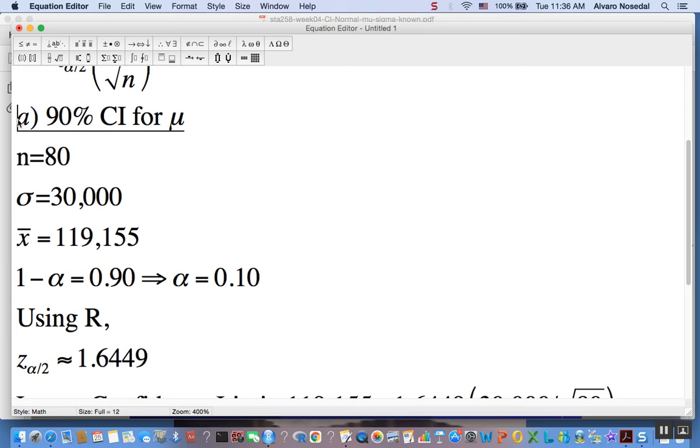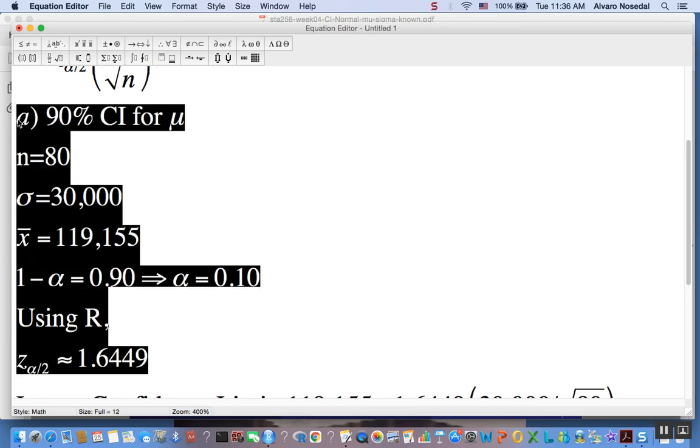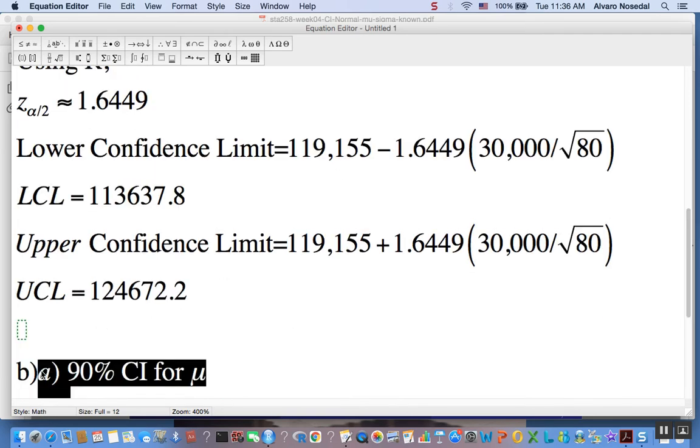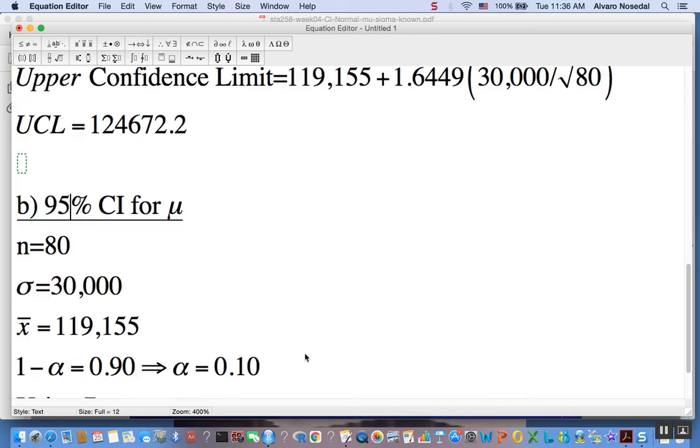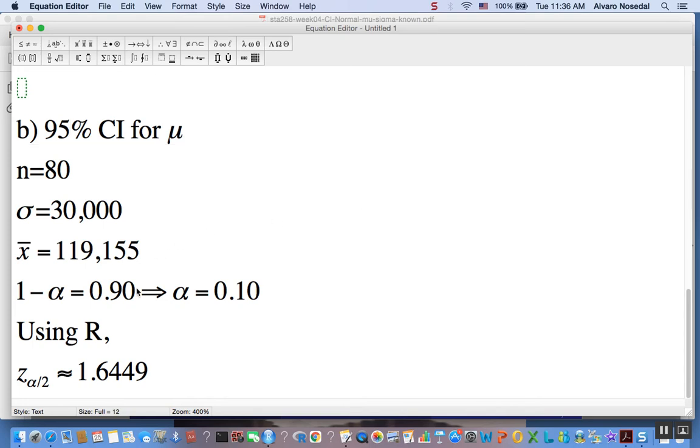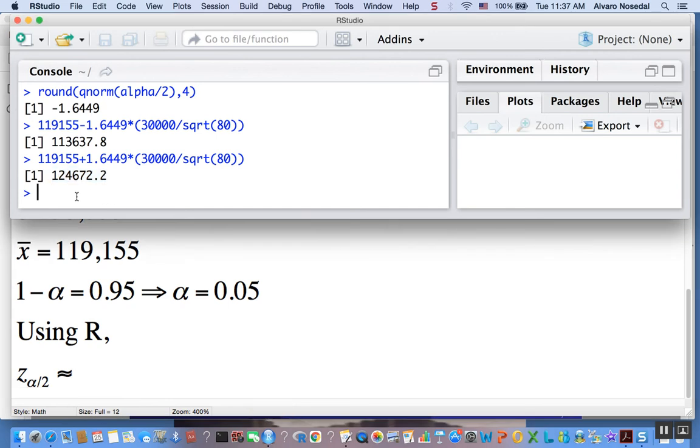Let me just copy paste what we have, and we're going to make a few changes. Now 95% is the confidence that we want. Then 1 minus alpha is 0.95, which implies that alpha is just 5%. And when we want to find that critical value, well, that's going to be bigger.